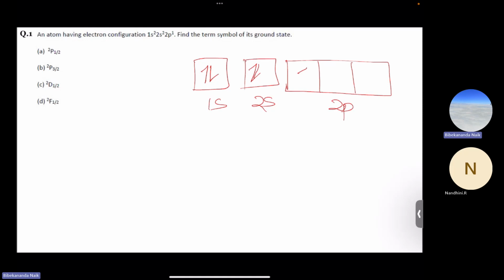So can you tell me what will be the correct answer? So I'll give you a few minutes to try this. So please try and tell me what will be the correct answer. Then I will discuss.